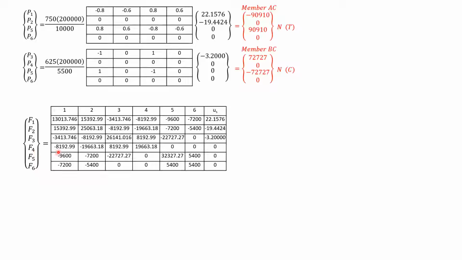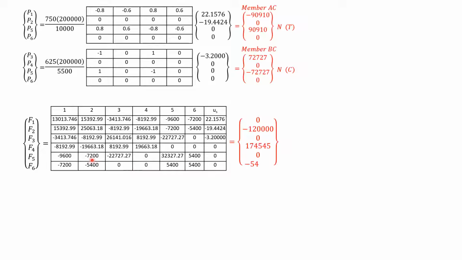So for F4, negative 8192.99 times 22.156 plus negative 19663.18 times negative 19.4424, then plus 8192.99 times negative 3.2, and the rest would be 0. So evaluate that value. That would be the value of F4.